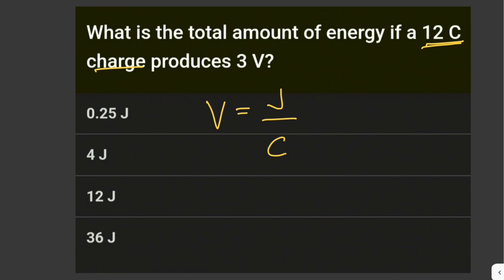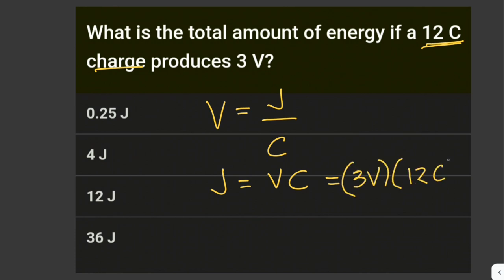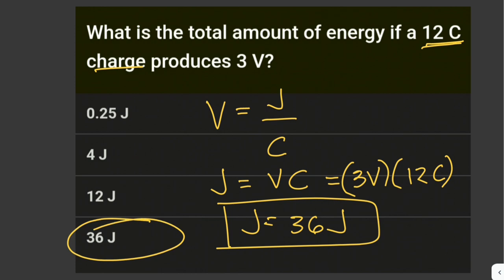So we now solve for the amount of energy in joules. Joules equals voltage times the charge. That is 3 volts times 12 coulombs. This would give us 36 joules. So the answer is this one.